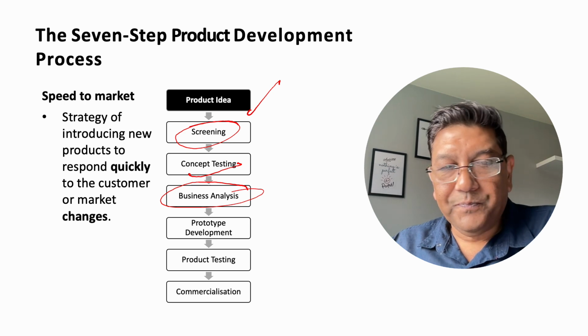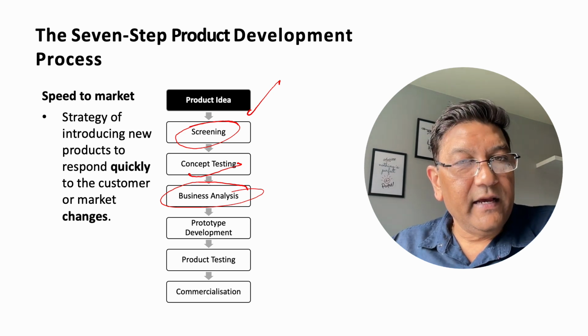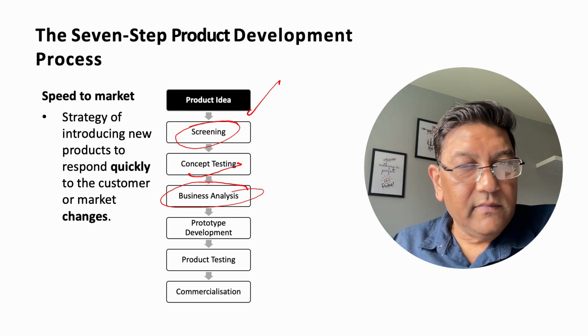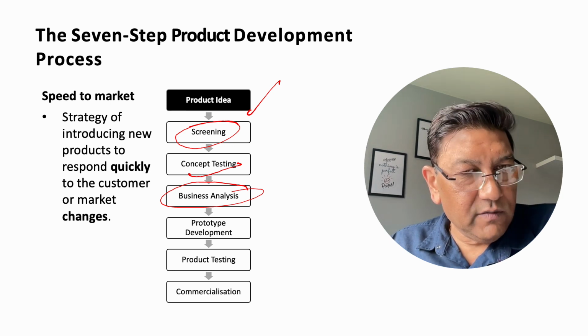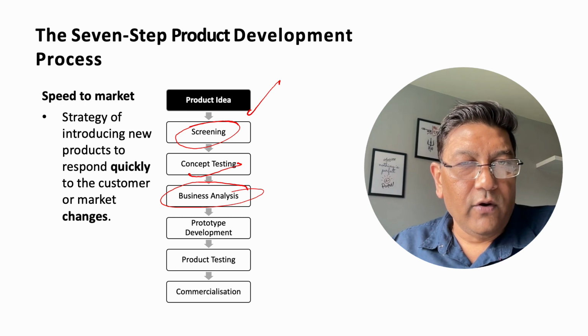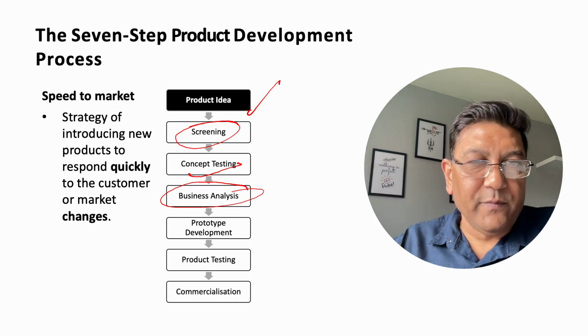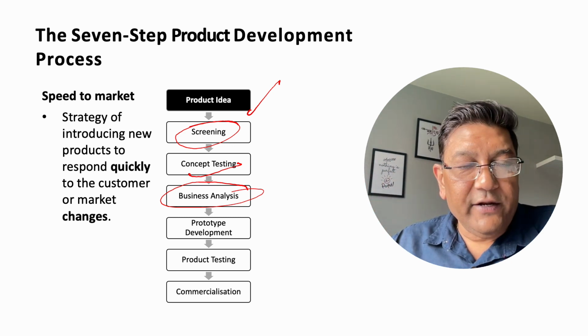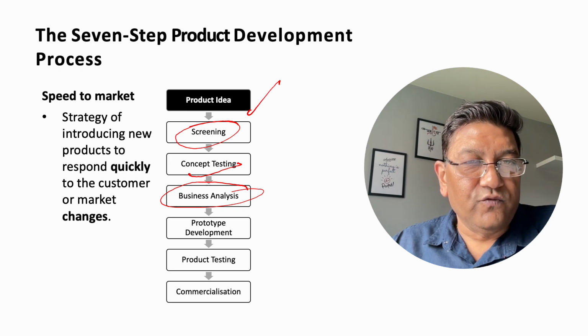So for example, you come up with a product idea for, let's say, a new type of navigation system for a specific type of driver. For that, you might need association with Google Earth.